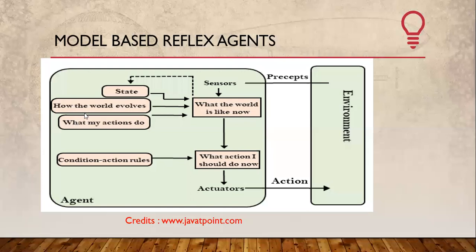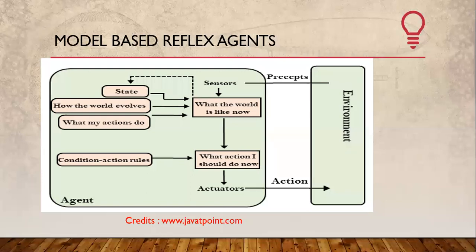So there will be another processing that takes place on the input we have currently received from the environment, and after this processing, the input received from the environment may be updated with additional information, and then that input finally goes to the condition action rules, and finally it is decided what action should happen.